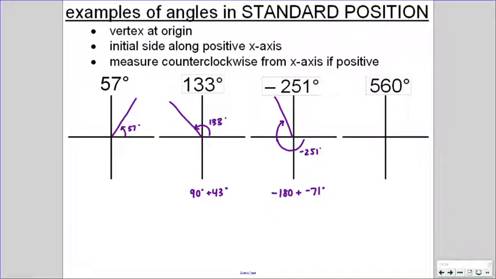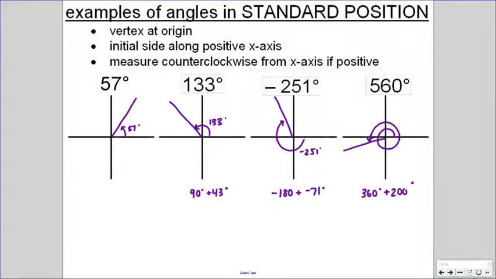And then 560 degrees, well, if we think about 560, that's 360, a full revolution, plus another 200 degrees. So we're measuring positively, so we're going to start along the positive x-axis here. I'm going to go counterclockwise. This is 360. Another 200, that's another 180, and then 20 degrees more than 180.